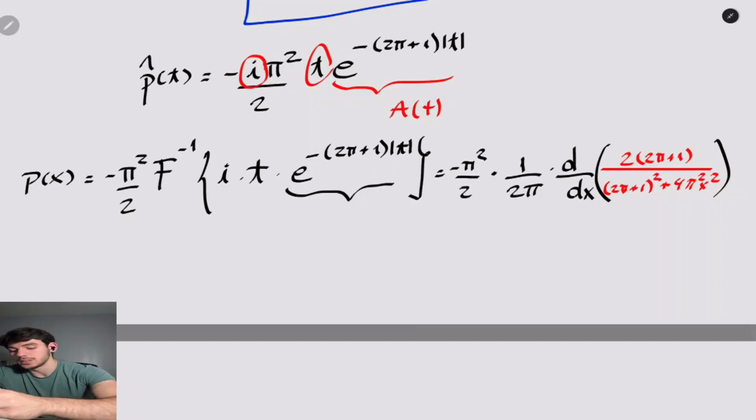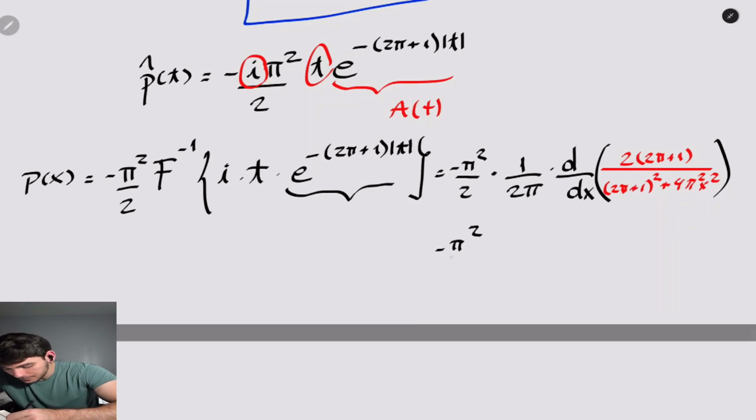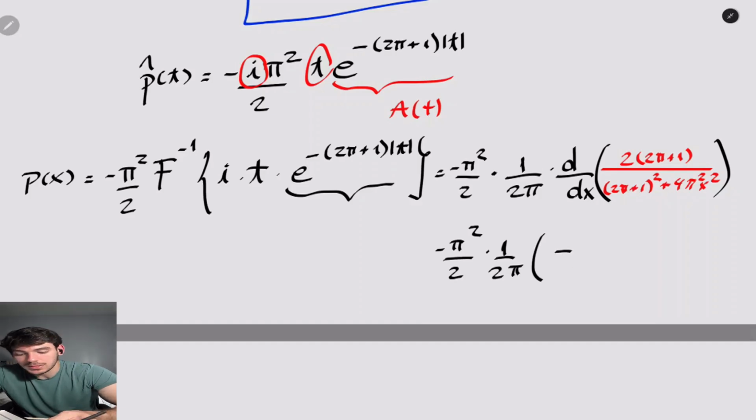So we've already done derivation of a quotient. So derivation of the f here and the g here. So derivation of f times g, that's the derivation of a constant, times g, so that's 0, minus the derivation of what's beneath.